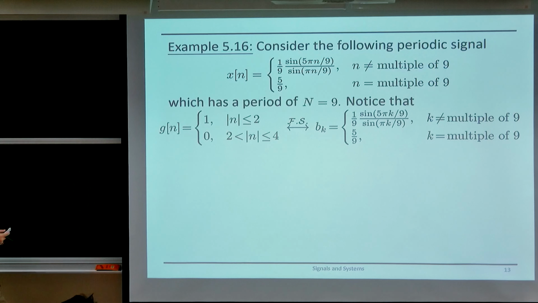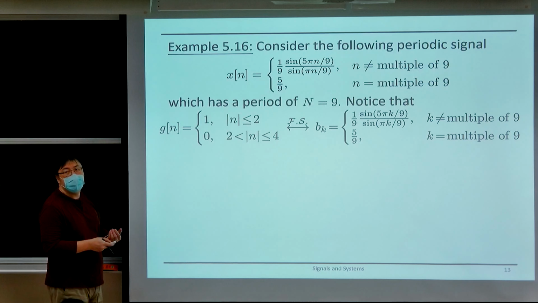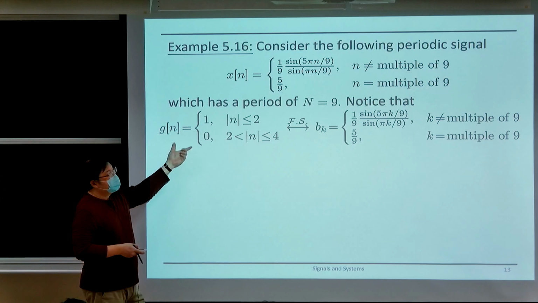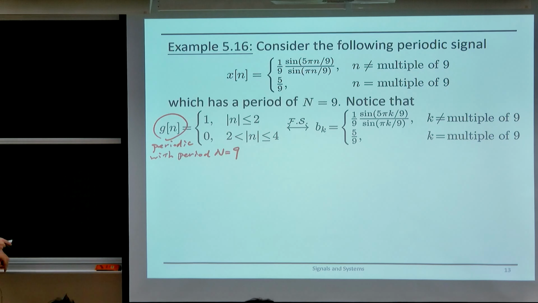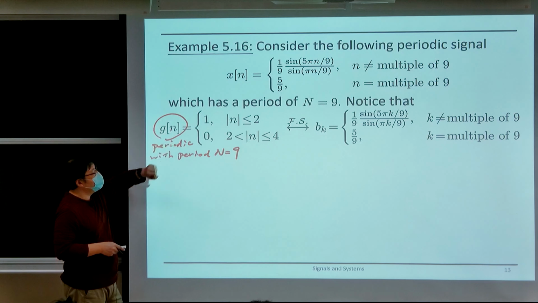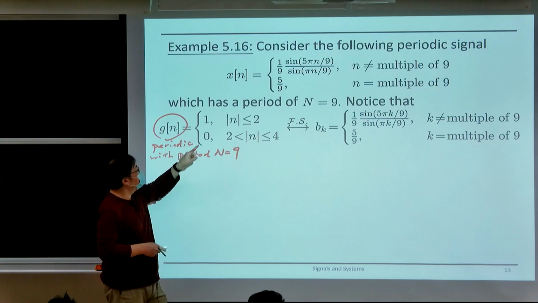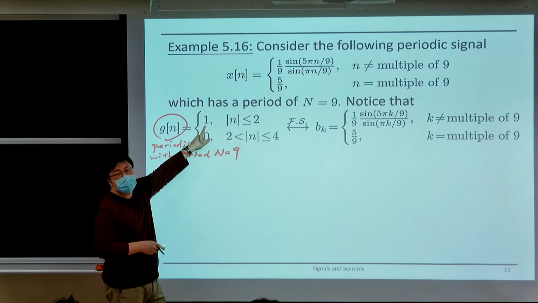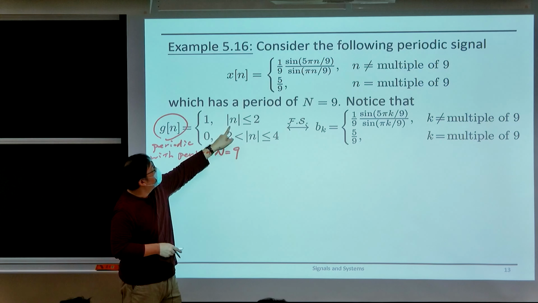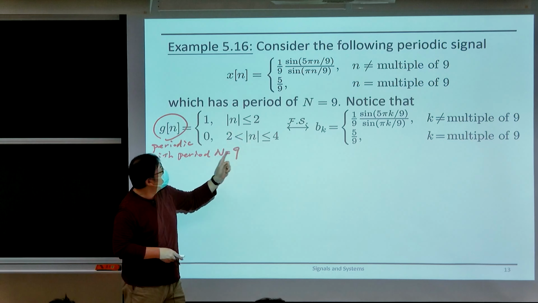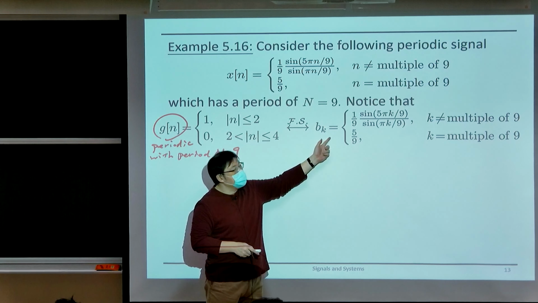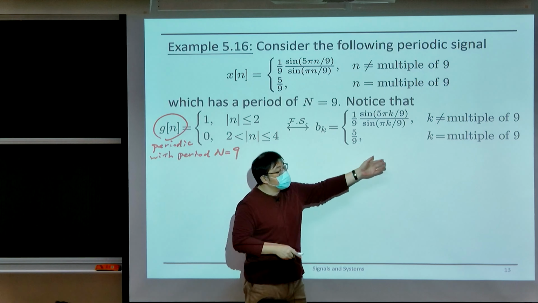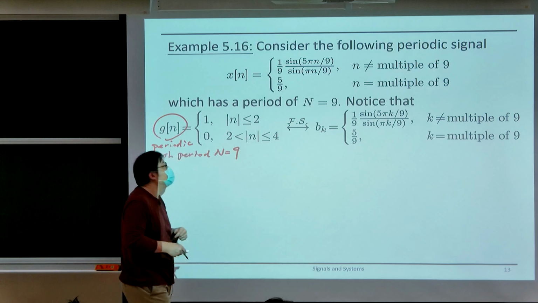Okay. Now suppose you know the Fourier series of this periodic signal g[n], right? Suppose this g[n] is periodic. So suppose you have this signal g[n], okay, that is basically sort of like a square signal, right? So you have this 1 at -2, -1, 0, 1, and 2, and 0 everywhere else. Okay. So for this square signal in time, we know that the Fourier series gives you a b_k that takes on this sinc-like function. Okay.